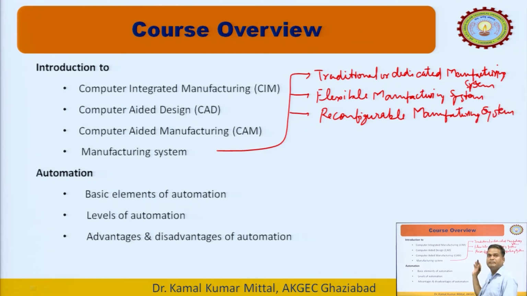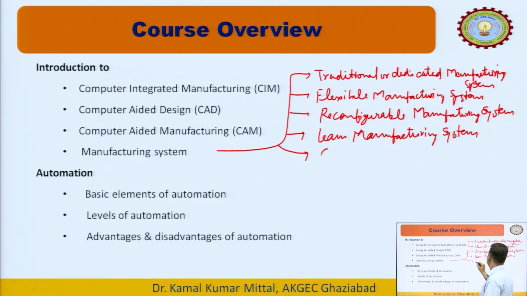These are the three major types of manufacturing system. Besides that, there is a lean manufacturing system and cellular manufacturing system. So, these are the 5 different types of manufacturing system.